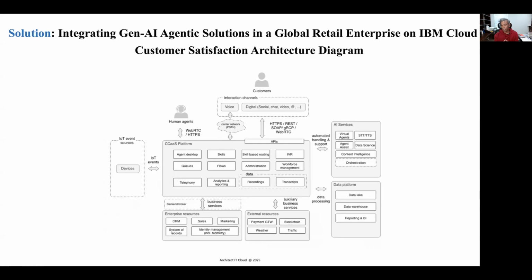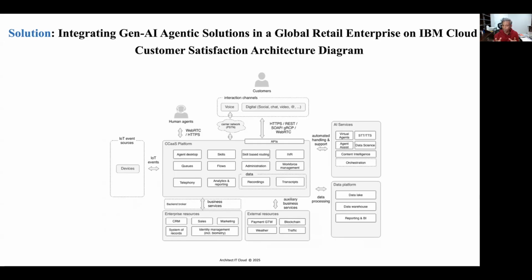So if you look at this, for this type of customer satisfaction scenarios or customer satisfaction issues in any of the retail companies, you must be aware of the existing platform that will help you to achieve this type of solution solidly with the help of pre-built components. So if you look at this contact center as a service platform, you can have the agent desktop, skills, IVR, queues, flows, administration.